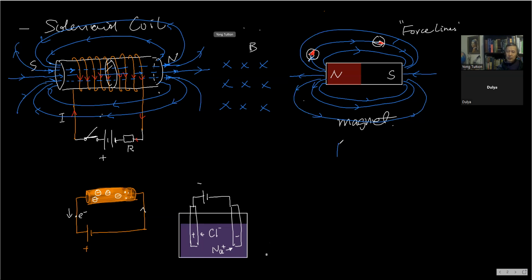If you put two magnets together and put opposite poles together, you will see attraction. That's north, south, north, south.